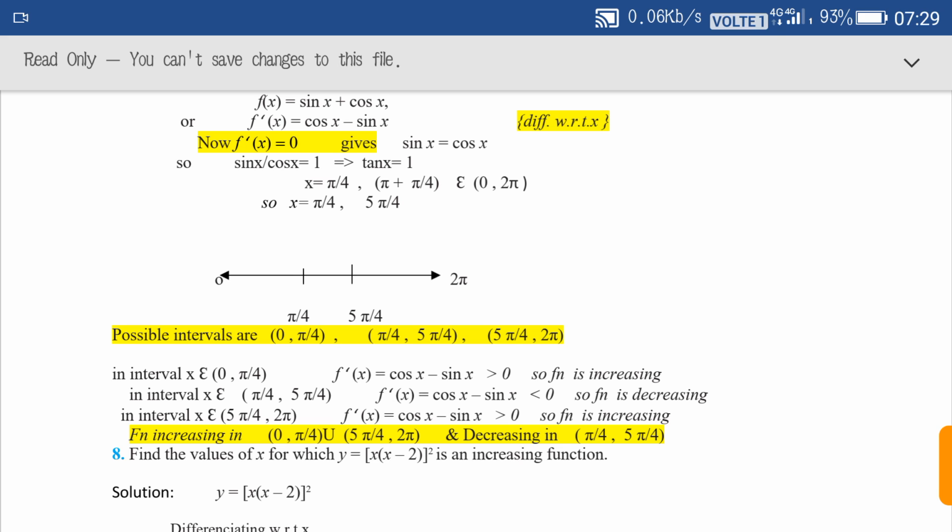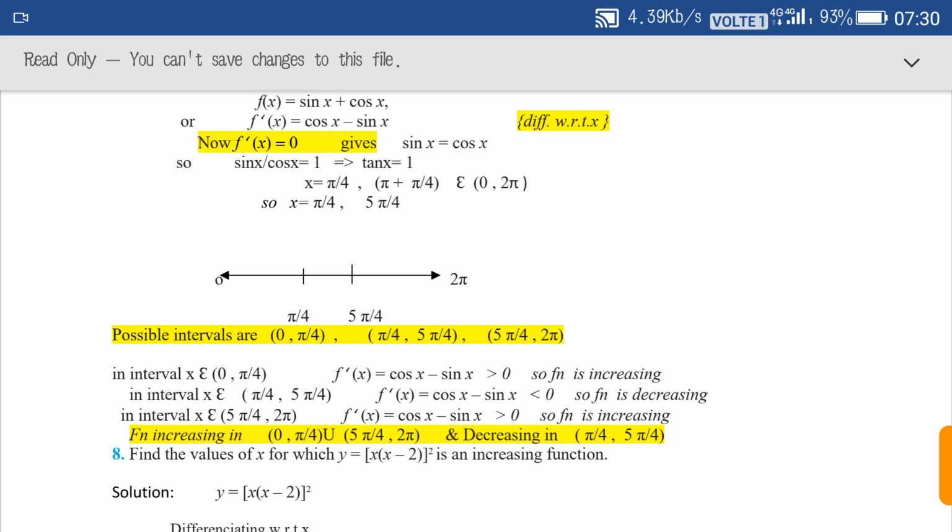If we put a value of x from this interval, we get a positive value. Suppose between 0 and π/4 there is π/6. You may put x equal to π/6 in mind, and cos π/6 − sin π/6 will be always greater than 0.